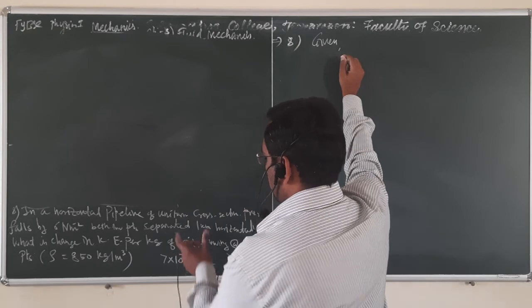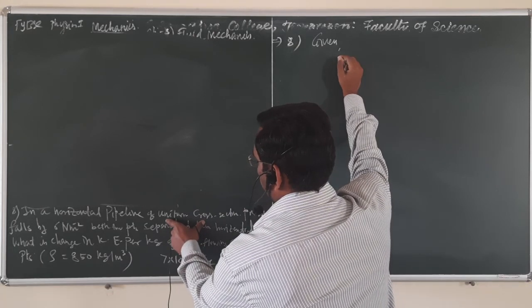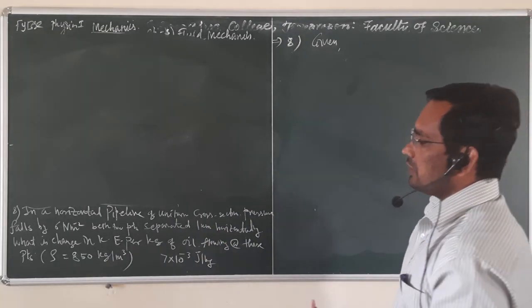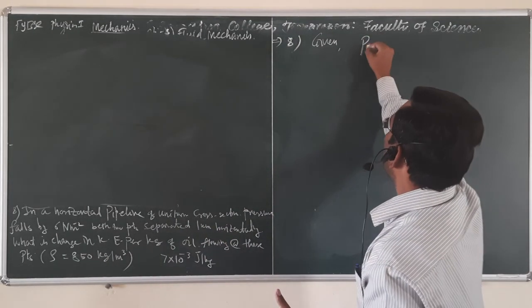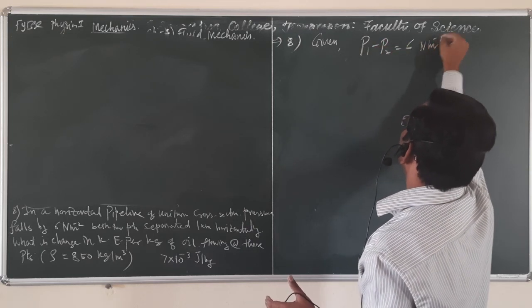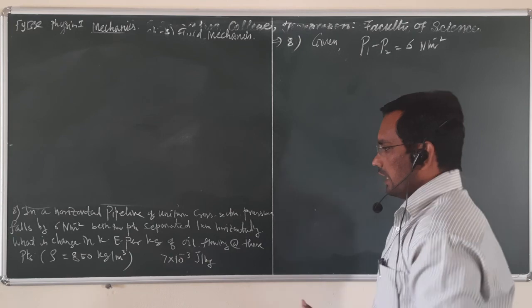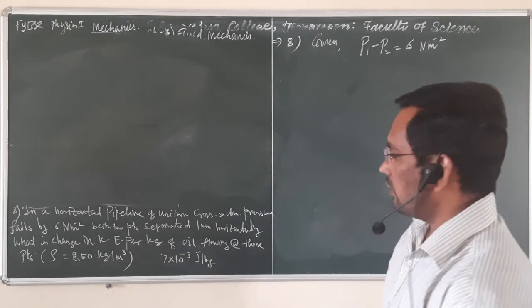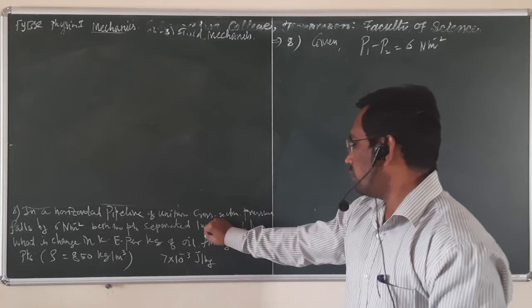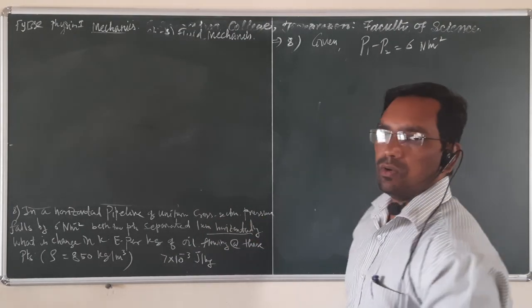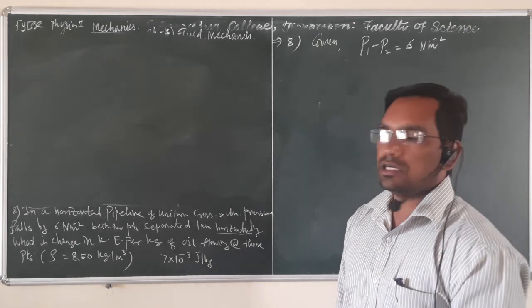Uniform cross section means the area of cross section is the same. Pressure falls, so the pressure drop P1 minus P2 is 6 Newton per meter square. They are separated by 1 kilometer, but that is irrelevant because the pipe is horizontal. If the pipe were vertical, then we would have to take the gravitational potential energy term.